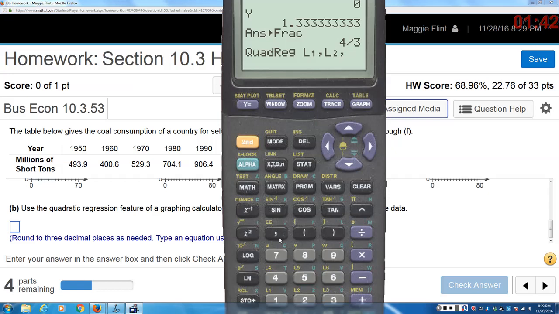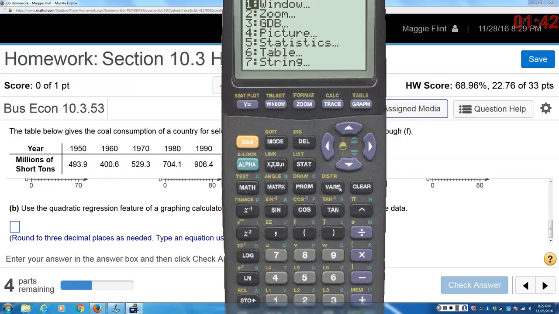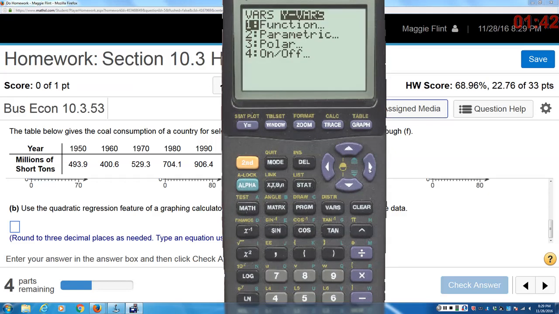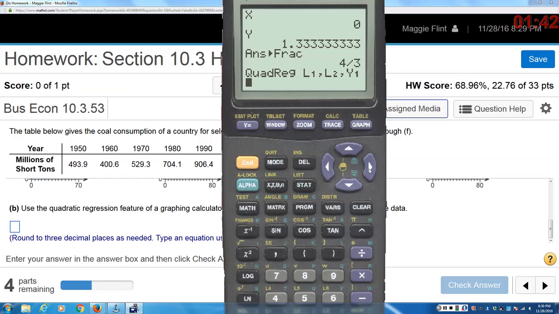I want you to actually put that equation in for me at y1. And it's easy to do, and it always works the same way. You press the vars key. You right arrow to y vars, because that's your y variables. This is the y1, y2, y3. And you hit enter twice.